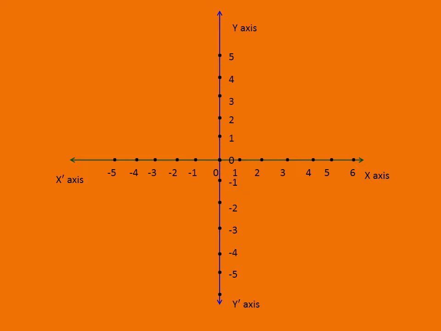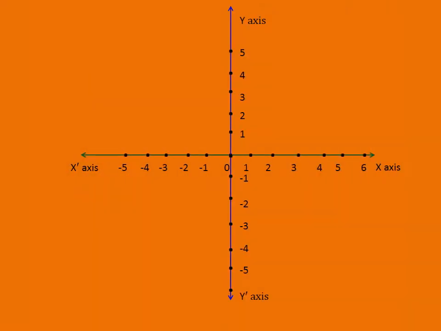So I have made the y-axis perpendicular to the x-axis, or in other words you can say the x-axis is perpendicular to the y-axis. Then what do we call this? Here we have the same thing and it becomes the xy plane. The y-axis is perpendicular to the x-axis at 0.